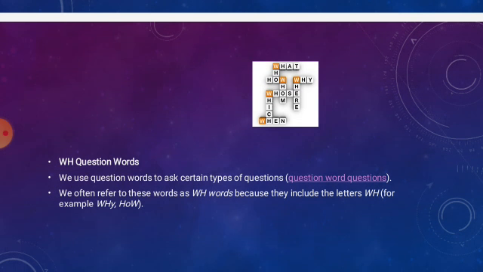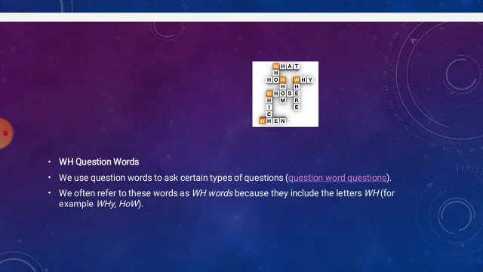Now, what are these WH question words? For example, words beginning with WH are called WH words. So you can see a small image there with all the question WH words.